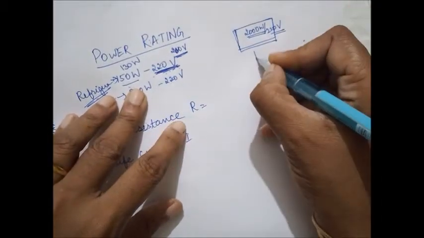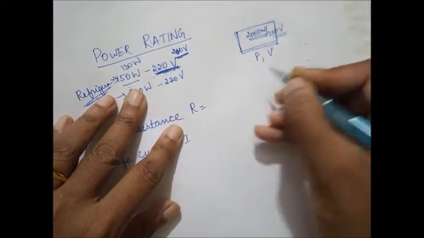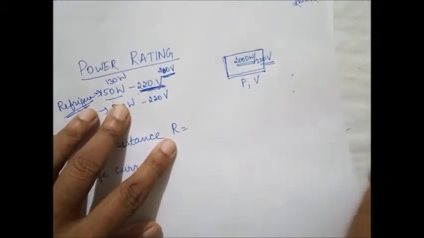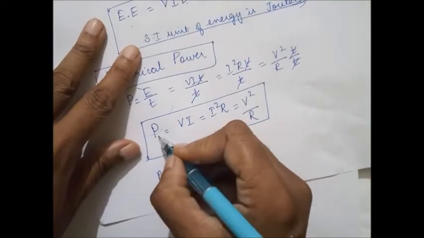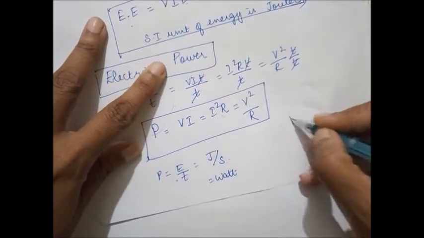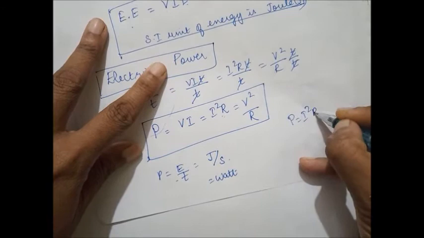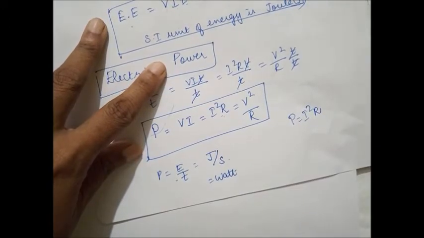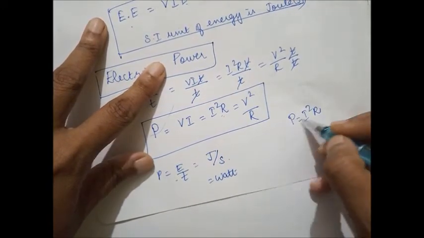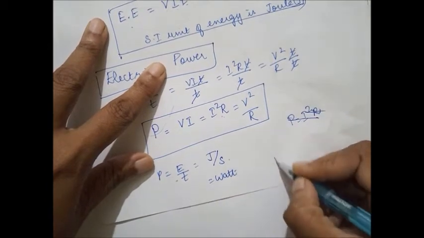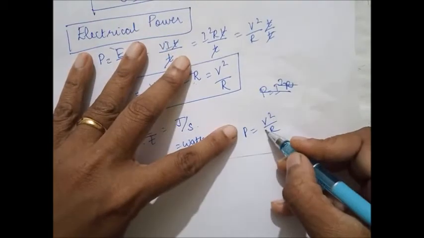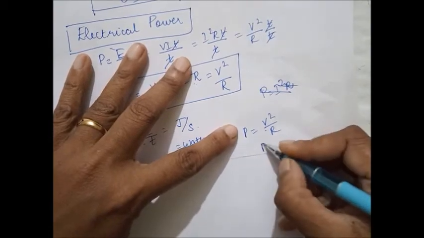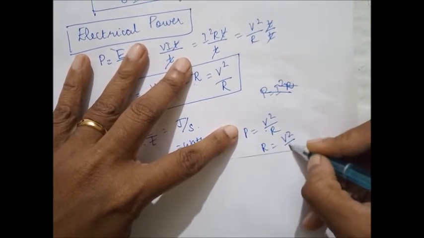We know P and V. One of the formulas for P is I squared into R, but here we take P is equal to V square by R. So from this, R will be V square by P.